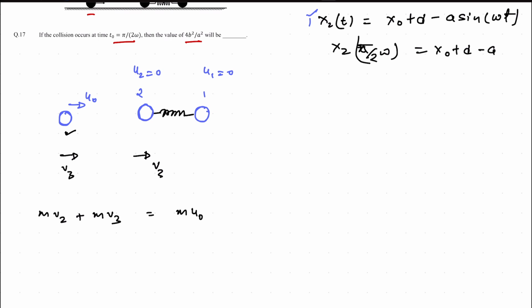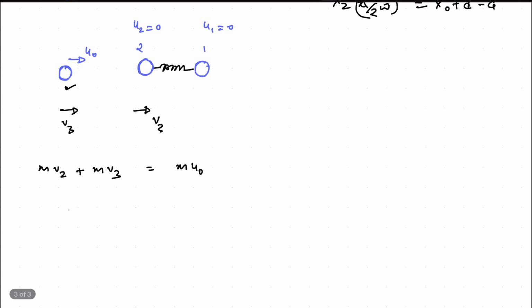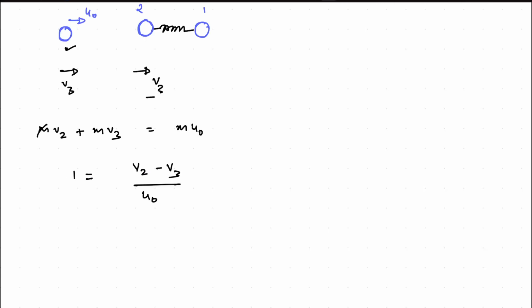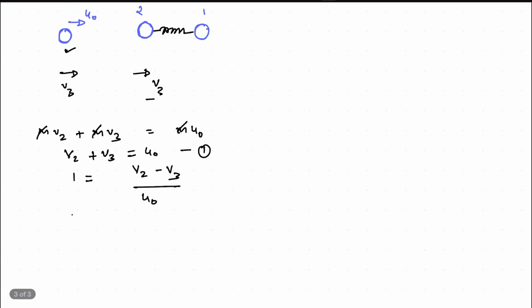Now next, from the coefficient of restitution, this coefficient is 1, equal to velocity of separation, so I'm going to take particle 2 minus particle 3, divided by velocity of approach, which is u0. So v2 plus v3 is u0, this is our equation 1, and v2 minus v3 is equal to u0.